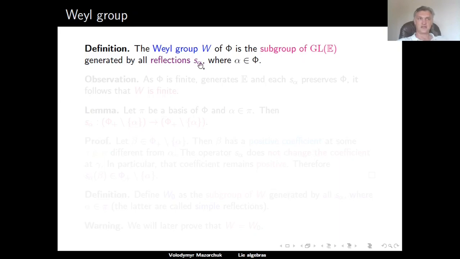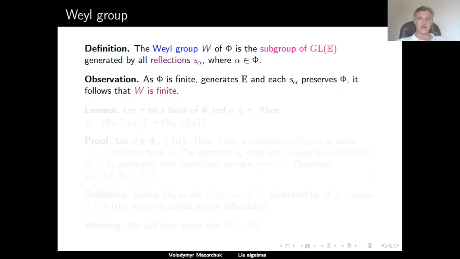Note that all reflections are orthogonal linear transformations, so W already belongs to the subgroup O(E) of all orthogonal linear transformations of E. Since our root system phi is finite and generates E, and each s alpha preserves phi, then s alpha must be uniquely defined by what it does to phi, because it's a linear transformation and phi spans E. Therefore, this implies that the group W must be finite, because each element of the group is uniquely determined by what it does to a finite set.